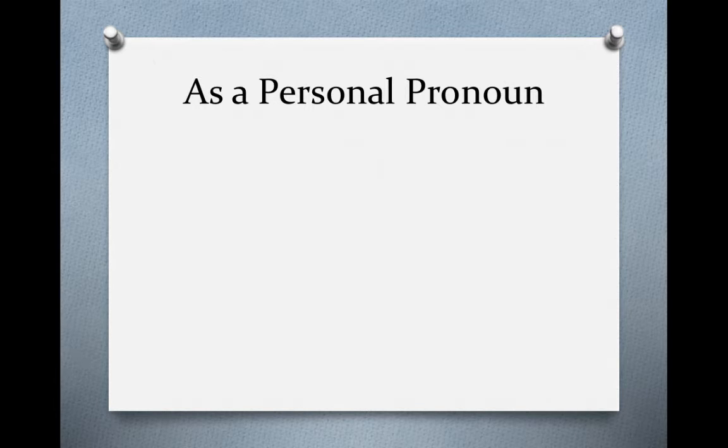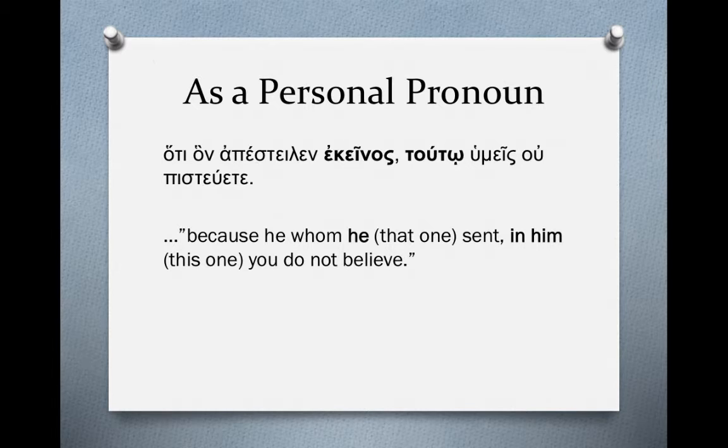Many times we're going to see this demonstrative pronoun functioning like a personal pronoun. In this case: hon apesteilen ekeinos, touto hymeis ou pisteuete. So a personal pronoun is he, she, or it. This could be translated "because he whom," because hon is a relative pronoun, "whom." We've got apesteilen, which means "sent."